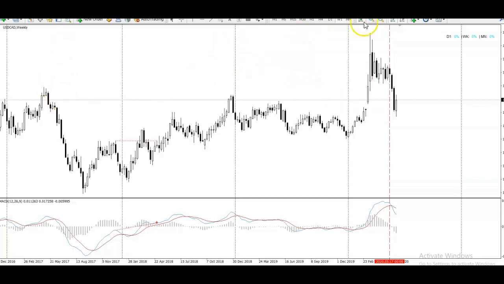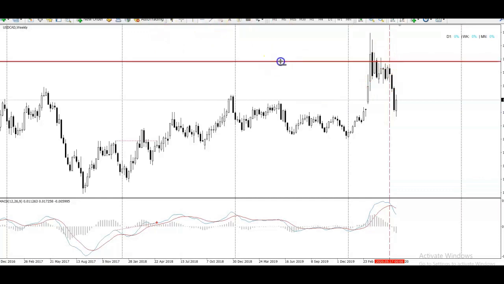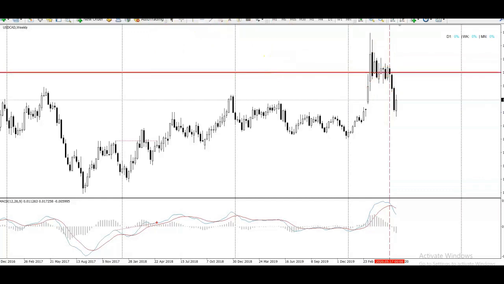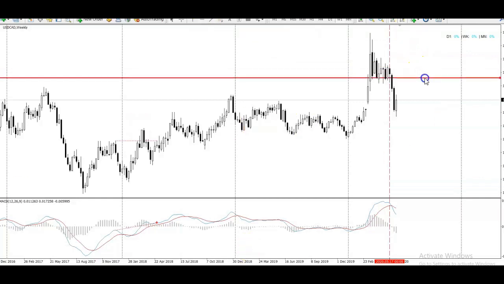and the reason being is you can see we broke out of this period of distribution here, and the market popped down pretty hard into this area here that caused this high here.